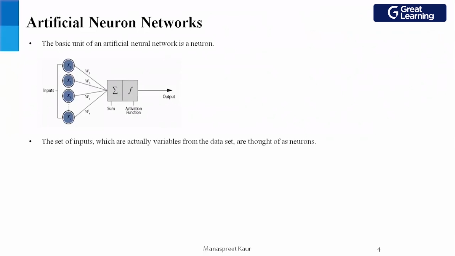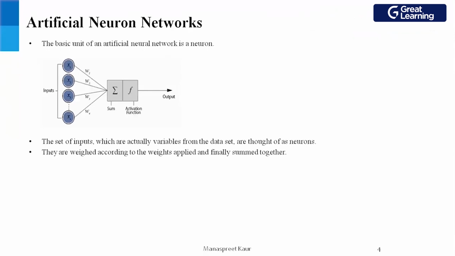So the set of inputs, which are nothing but the variables from the data set, are thought of as neurons. This is how we correlate an artificial neural network with a biological neural network. Then they are weighed according to the weights that are applied. And finally, we do a sum product of the input variables with the weights.